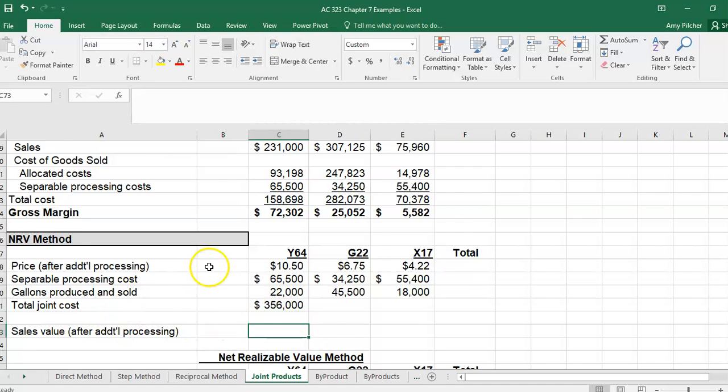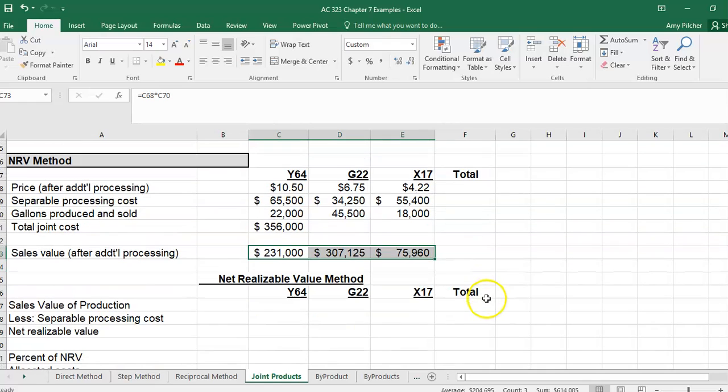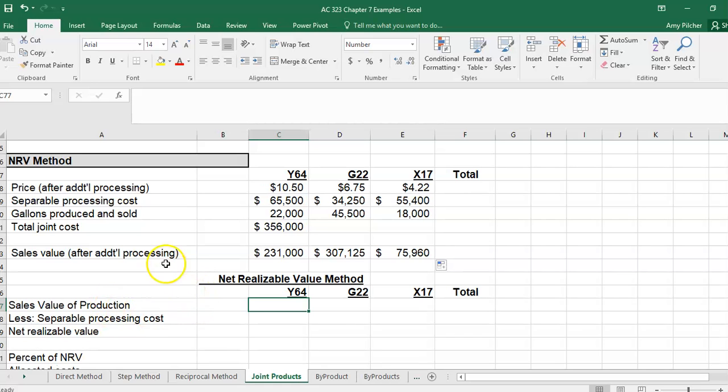Our total joint costs are $356,000. Our sales value after additional processing is our price of $10 times the number of units that we make. So with the net realizable value method, we take the sales value of our production minus our extra processing fees.